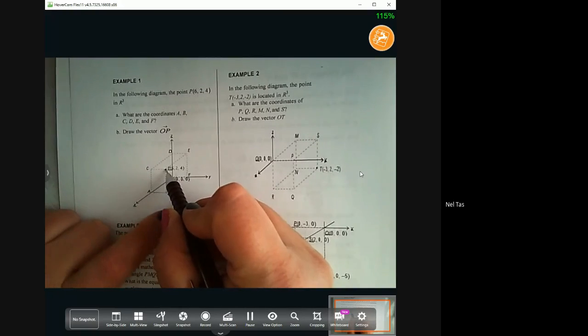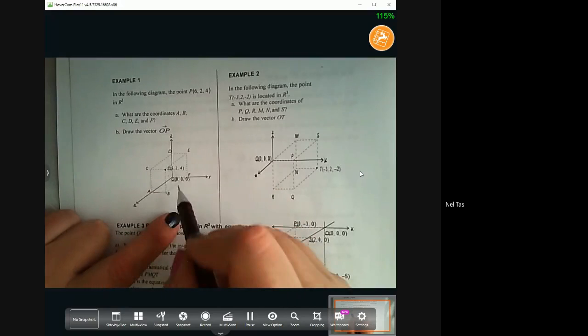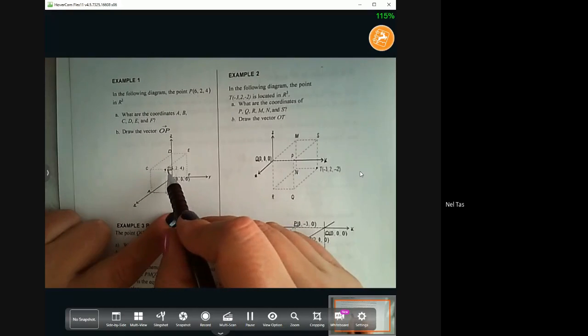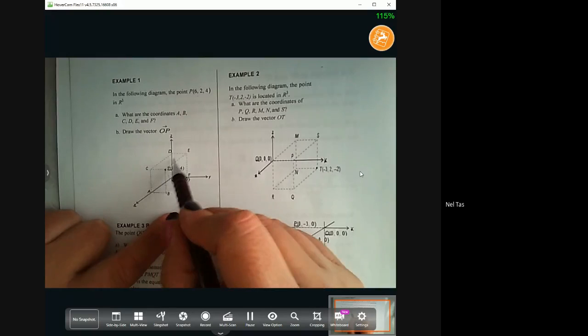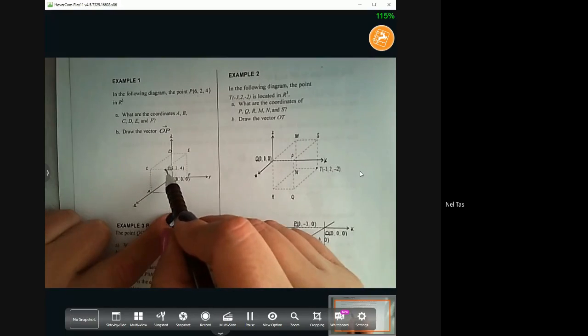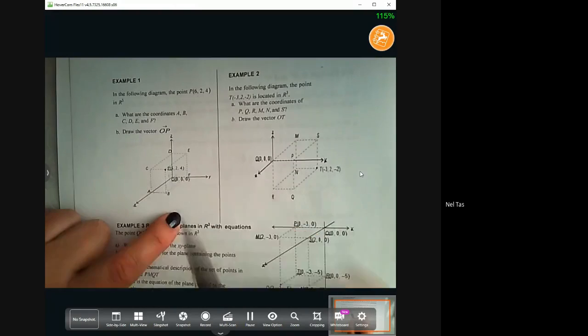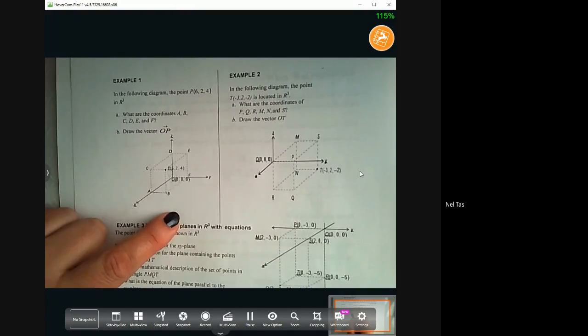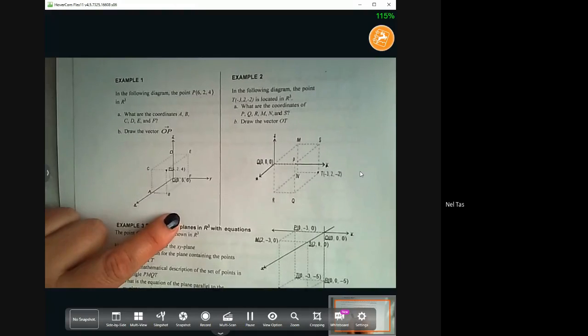So that is the point P. We draw kind of a rectangular prism to represent that point. If we don't draw that rectangular prism, the location of that point is not clear. The coordinates are not clear. Therefore, we draw a rectangular prism to show its location clearly.